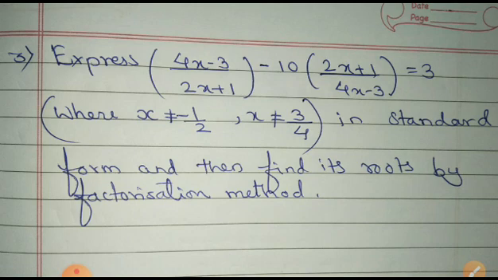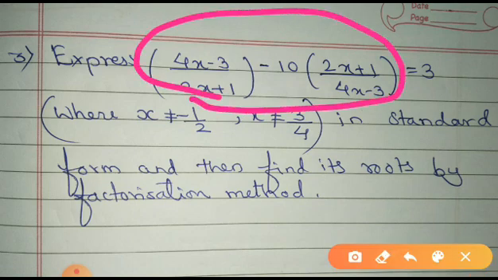So we are going to find the roots by using factorization method. Now see, in the question, if a method is specified, you have to make use of that specified form. Whichever it is specified, if it is completing the square, you have to make use of that method itself. So I have to simplify this term.